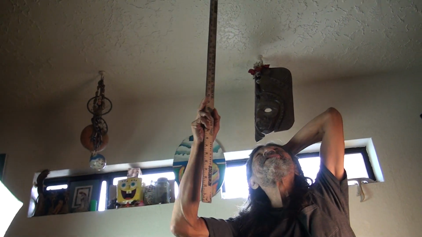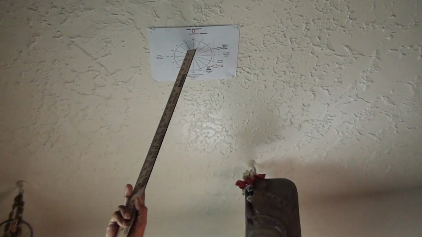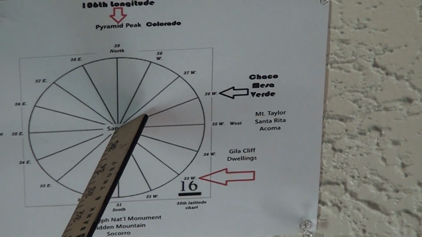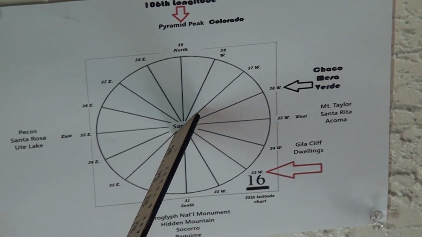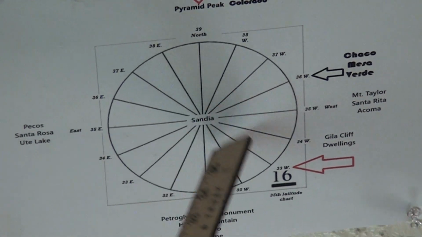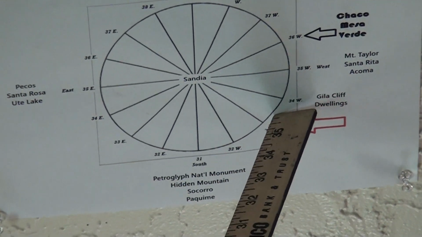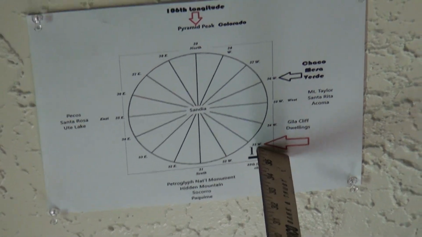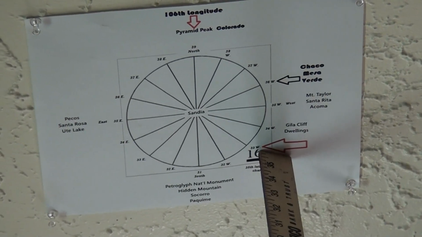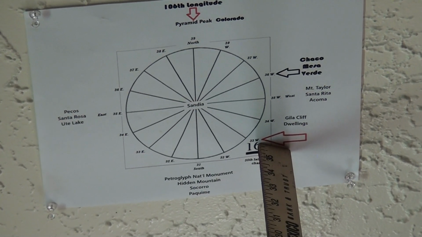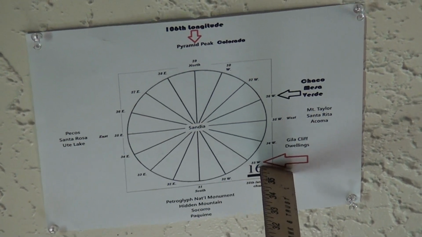And why do I say that? The Sandia Mountain that we're looking at right here again, if you look directly at this red arrow that's pointing to 33, I believe, is the latitude on this thing, west.